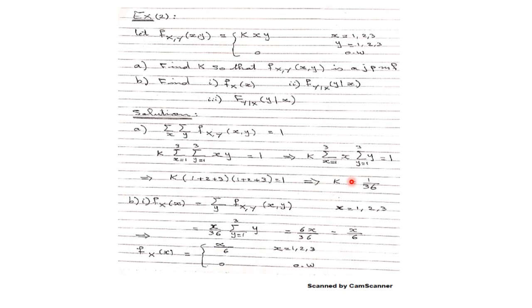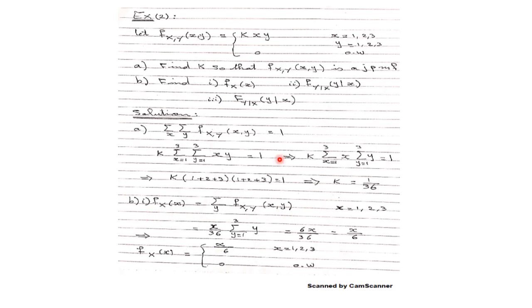Okay. So we can go back here and replace this k with 1 over 36 to get it explicitly. Now here in B, the first part of B, we need the marginal for x. Again, what's the definition of the marginal of x? It is the summation of the joint probability mass function, and we sum over what? Y, the other variable. Okay? And you attach the domain for x.